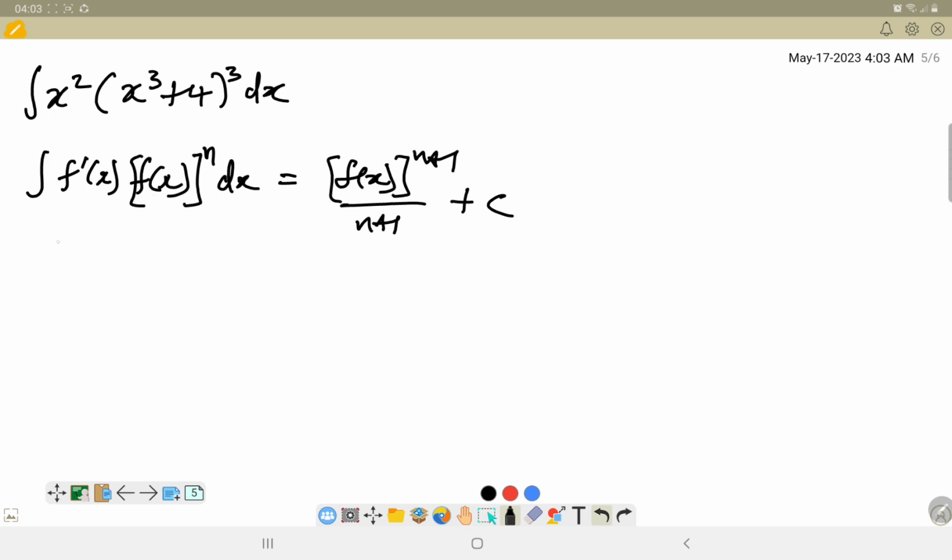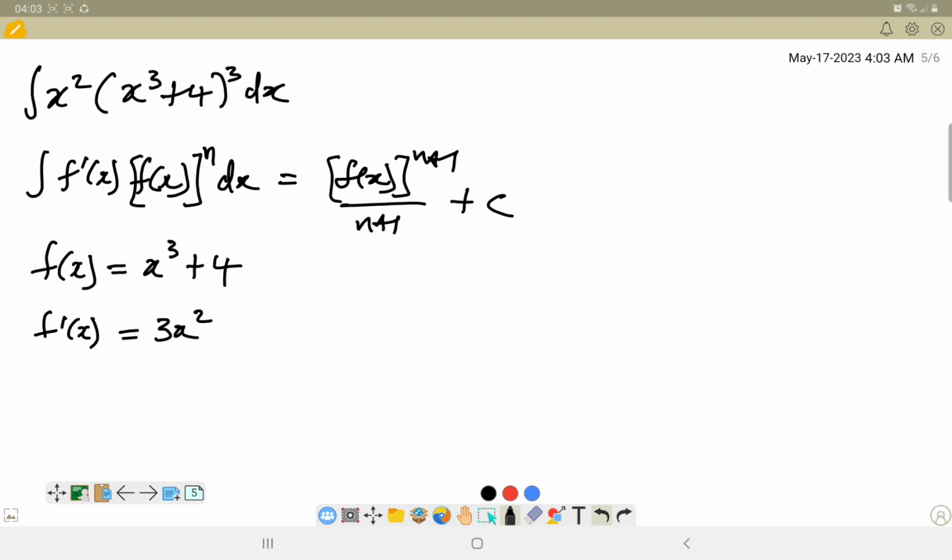So in this case, our f of x is equal to x to the power 3 plus 4. Then our f prime will be 3x squared when we differentiate x to the power 3.